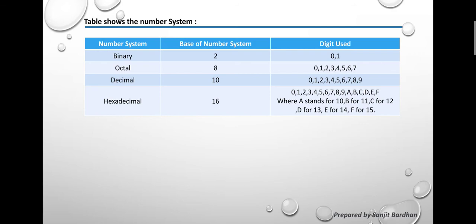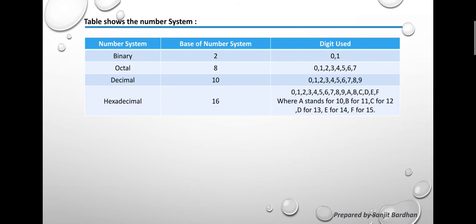This is very important, and in my next video I will show you how to calculate and convert number systems: hexadecimal to binary, decimal to hexadecimal, octal, decimal.